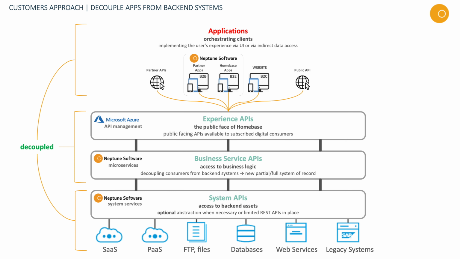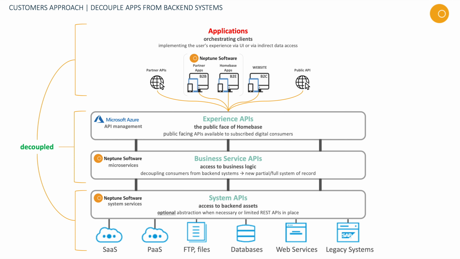The next stack that you have is what's so-called the Experience API layer, which is the public face on Homebase. Here, the API management on Microsoft Azure was in charge of orchestrating all of these APIs. And what APIs are these?